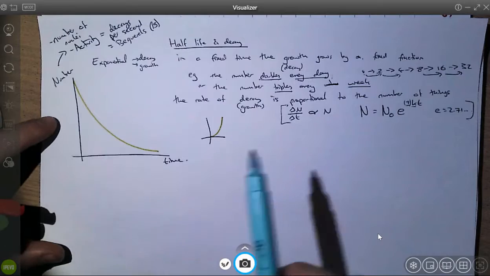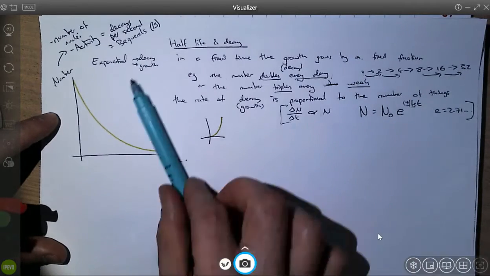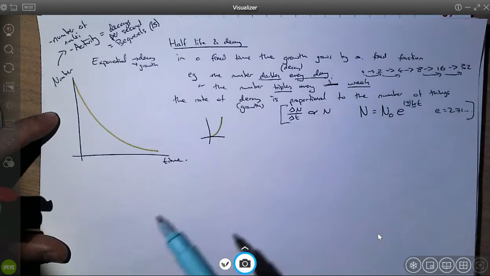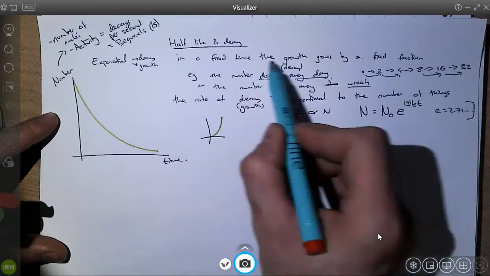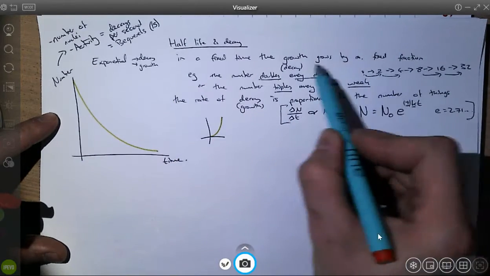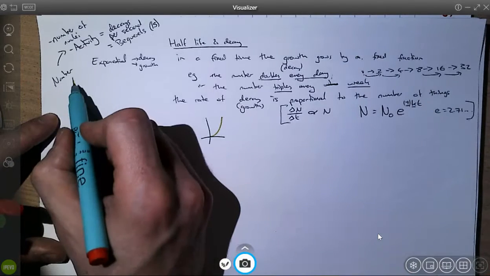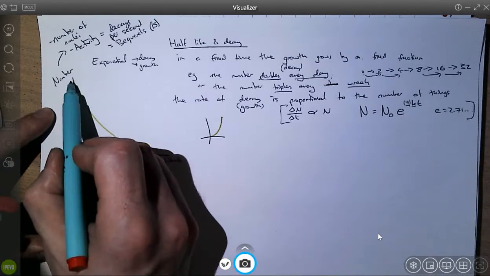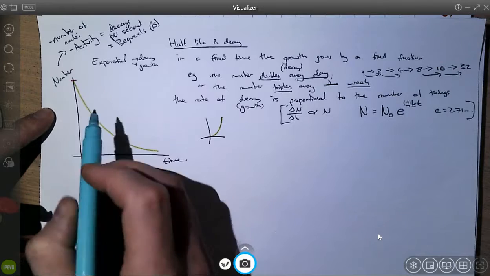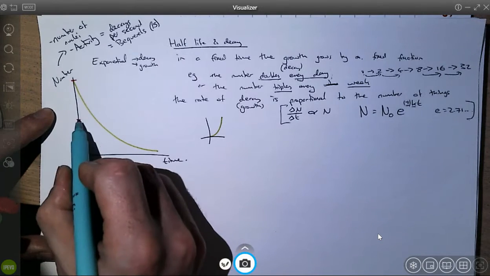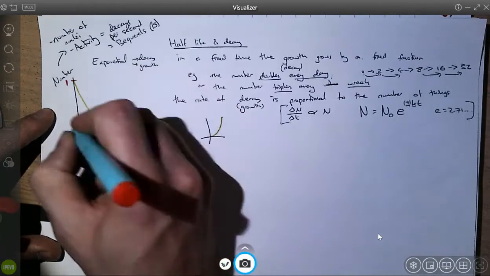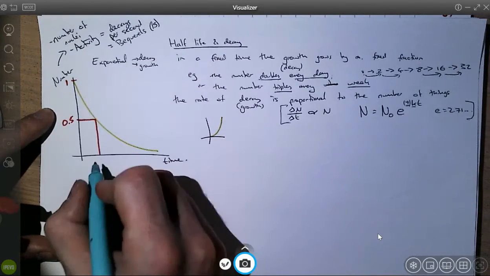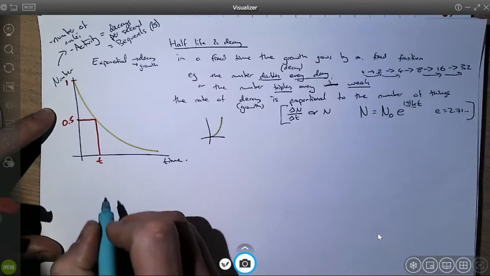So all exponential decays or growths have this property here, as we've discussed. In a fixed time, the quantity grows or decays by a fixed fraction. So what that means is if we take the number and then we halve that number. So let's start here with 1, 0.5, we get ourselves a t, a time.